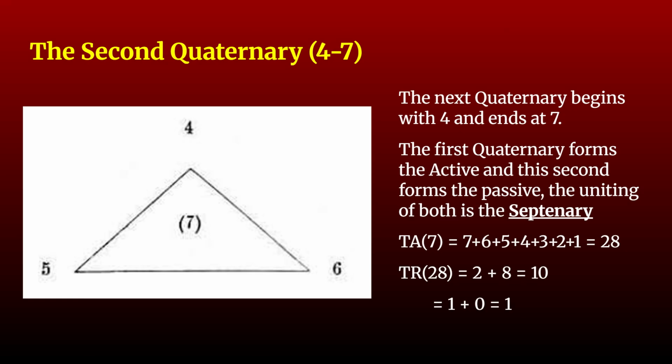So the second quaternary begins with 4 at the top. We have 4, 5, 6, and of course 7 is written in the middle, as was the case for 4 in the last triangle. And again, the Theosophic addition of 7 plus 6 plus 5 plus 4 plus 3 plus 2 plus 1, that's 28. 2 plus 8 is 10, and 1 plus 0 is 1.